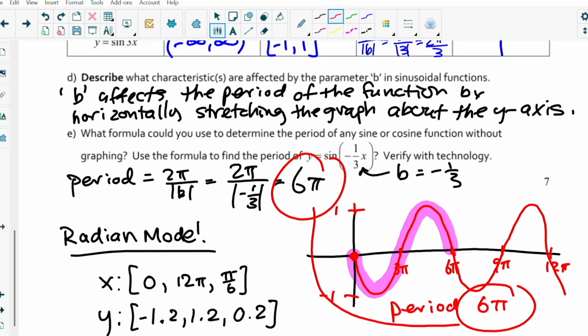So on the same graph on your graphing calculator, graph y equals sine of x. Then graph y equals sine of -1/3 x.